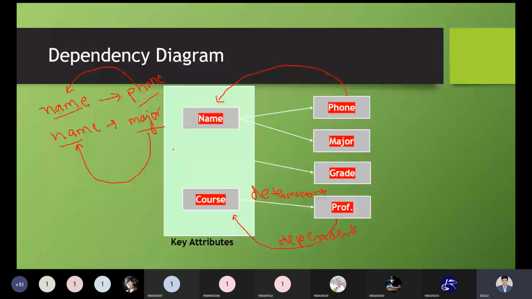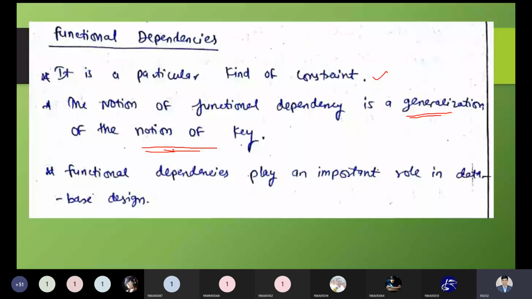So here one attribute a1 is a part of another attribute a2. I can write the statement: a1 is a part of a2.